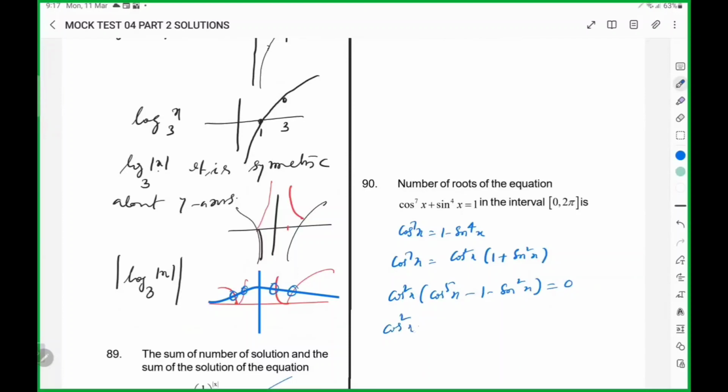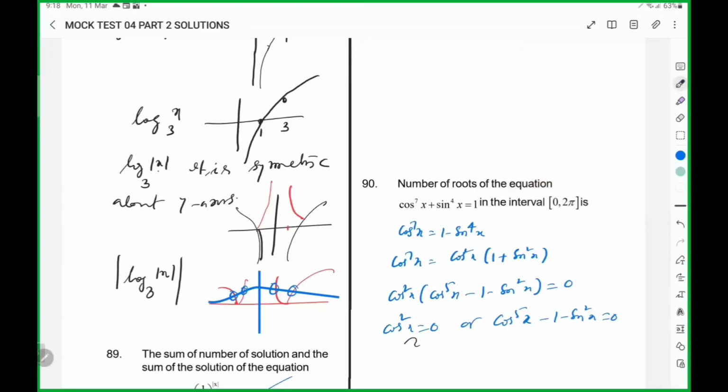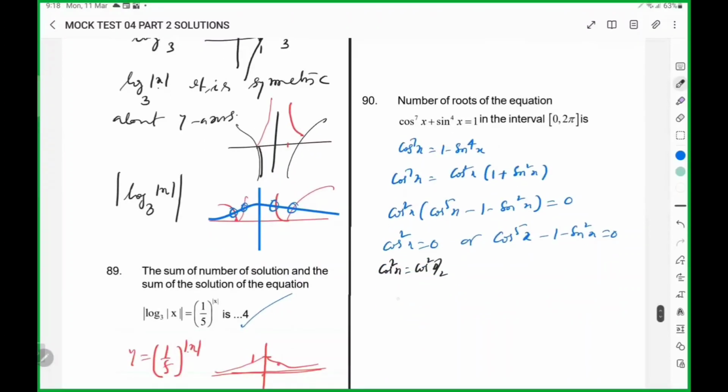Beware, don't do cancellation here. 0 or cos square x is 0 means here cos square x 0 in the interval. How many points?